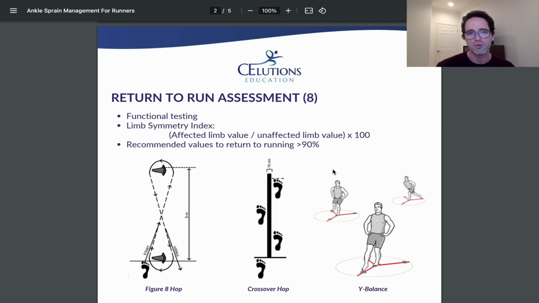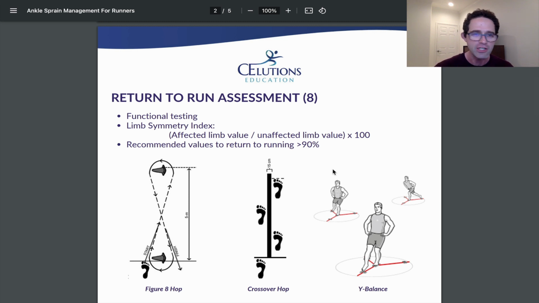And if you're not familiar with what the limb symmetry index is, you are going to take the affected limb value, divide by the unaffected limb value, and multiply by 100. Now, to return to running, you want that LSI score to be over 90%.